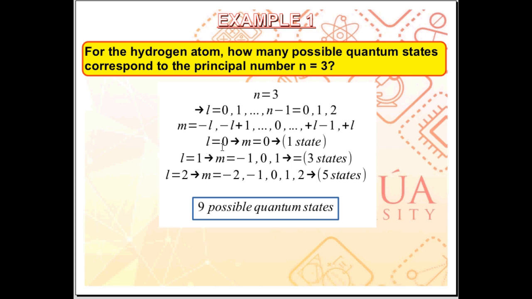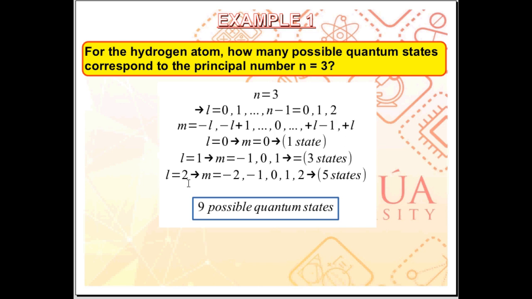So for l equals 0, there's only one value for m. m is equal to 0. So that's one state. For l equals 1, m is equal to negative 1, 0, 1. You have 3 states.